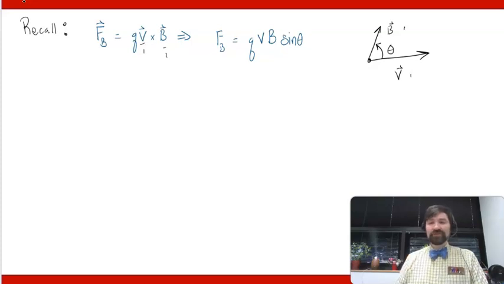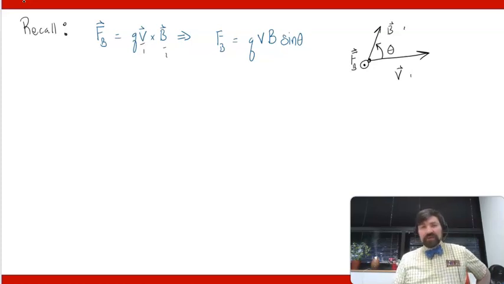The direction you find with the right-hand rule, and in this case that direction is out of the screen towards you. So that is for individual charged particles. You could even do it on several charged particles and find the force on each one.